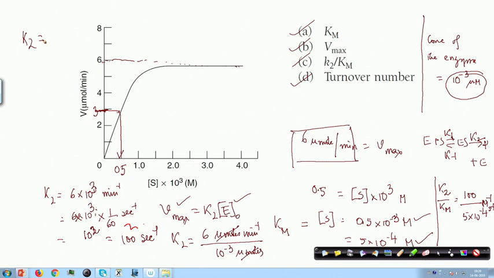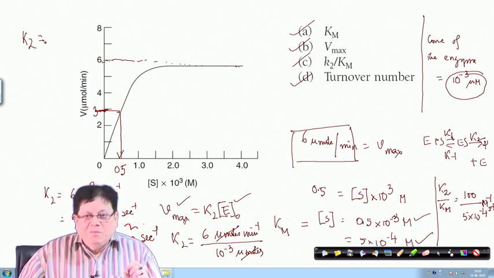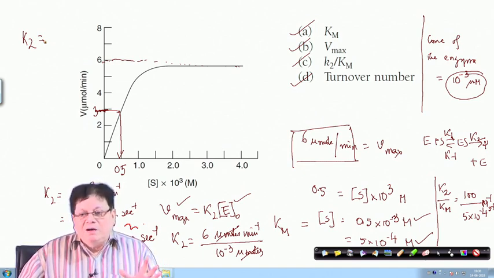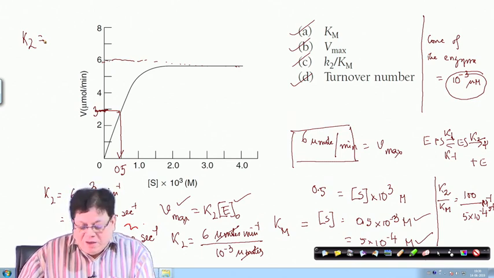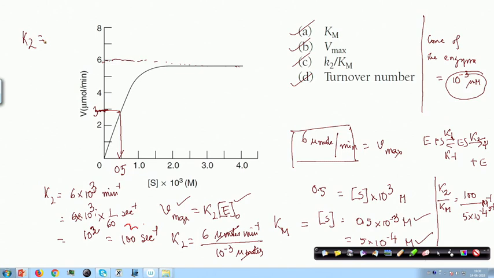Now, turnover number is the number of substrate molecules which are turned over into the products by each single enzyme molecule per unit time, it could be per second or per minute. So, whatever K2 you have here, that is equal to the turnover number, TON. So, that will be again 100 second inverse.